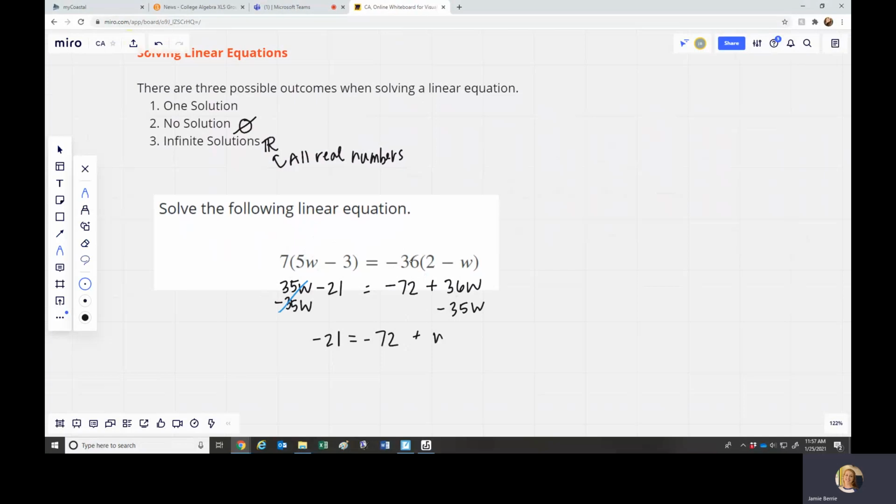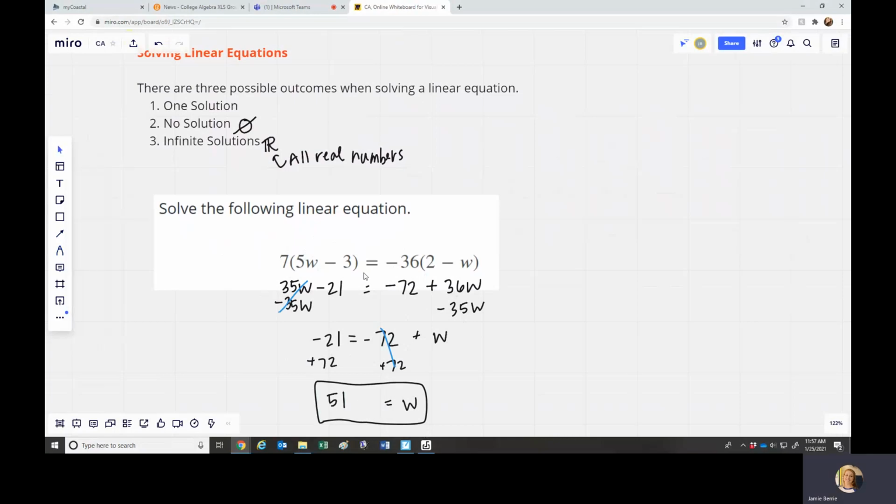So 1w or just w. Then I'm going to add 72 over. Let's see, 72 minus 21 is 51. Okay, so that cancels. You're left with w equals 51. So this is a case where we have one solution.